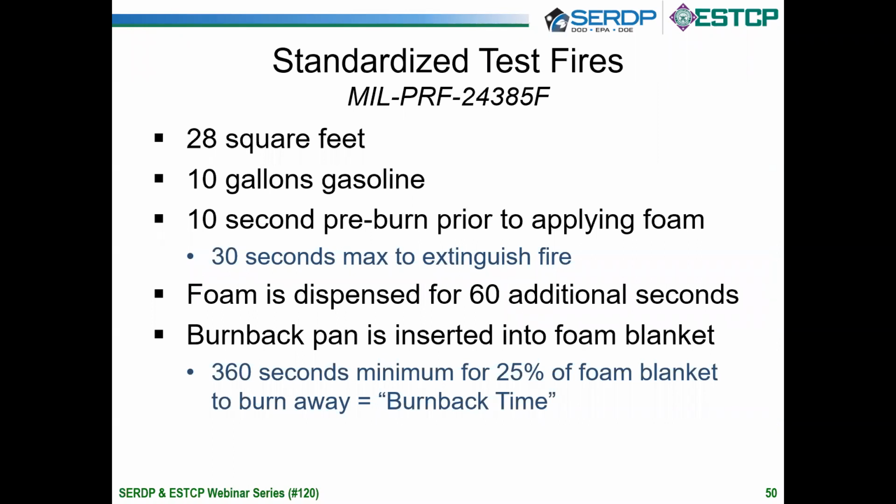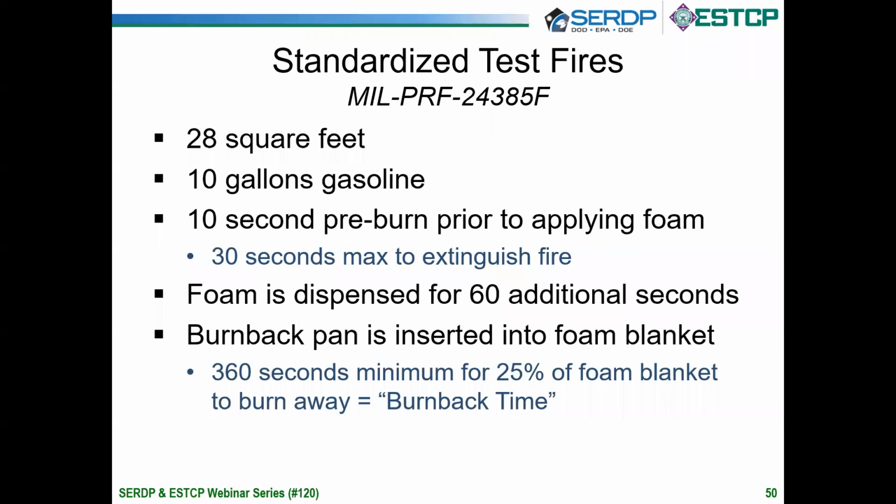Now, to give you some idea as to how a typical fire test is performed, we're using 28 square foot pans, where we have a level of water first and then pour gasoline. So we've got 10 gallons of gasoline. We let it burn for 10 seconds before we start applying foam.